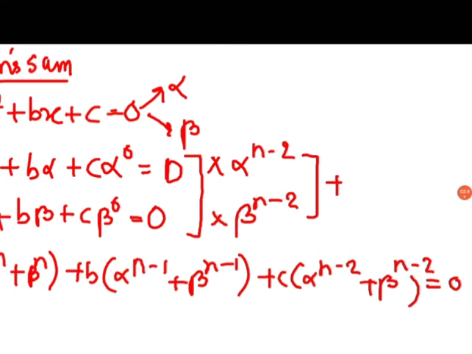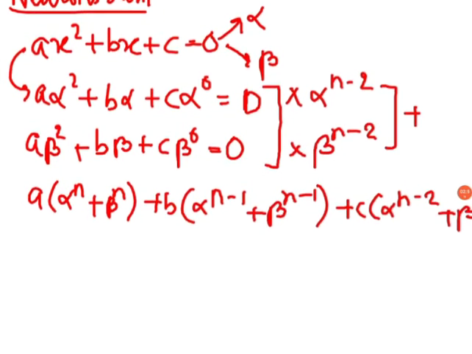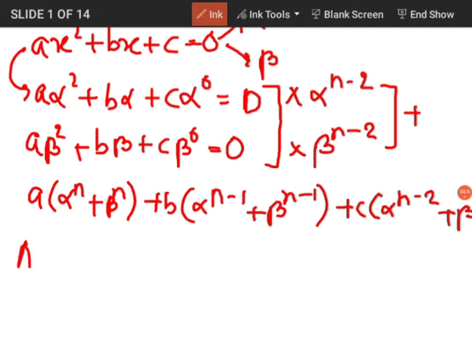And we defined An as alpha raised to the power n plus beta raised to the power n. Okay, An we have defined as the sum of the nth power of the roots.